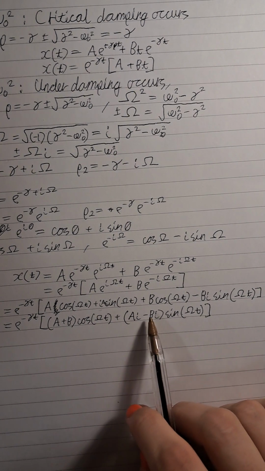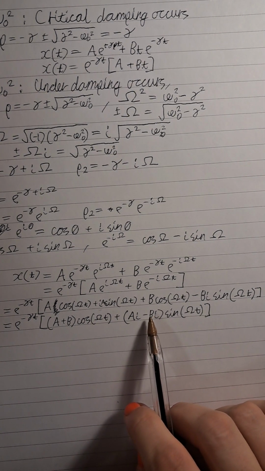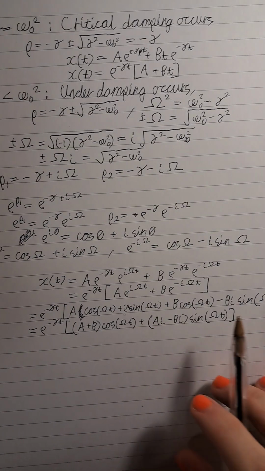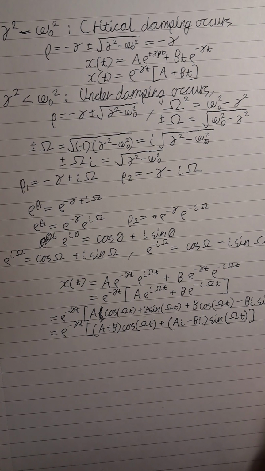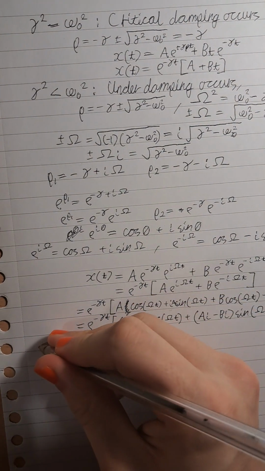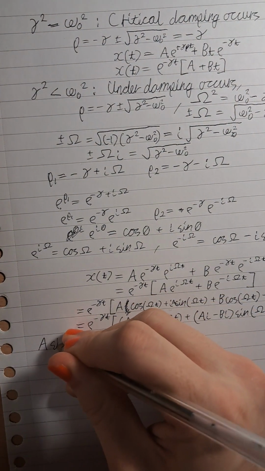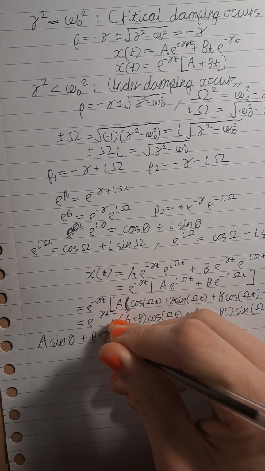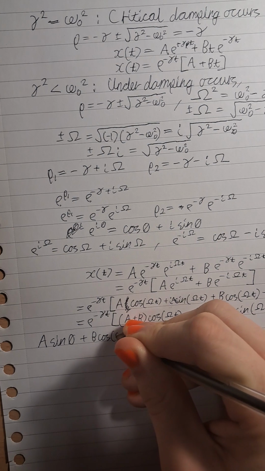So what we're going to do with these is, I know when you have a cosine and a sine next to each other like this, I can't remember what it's called, but I know it's got a special name, this little identity, I suppose it is.